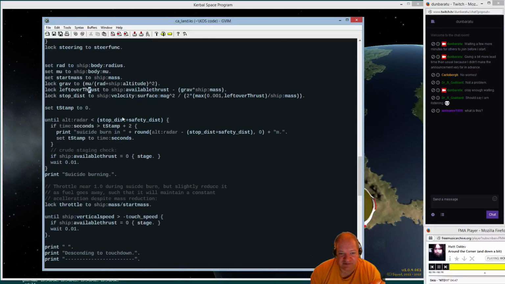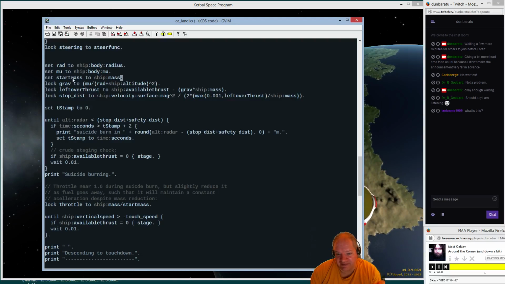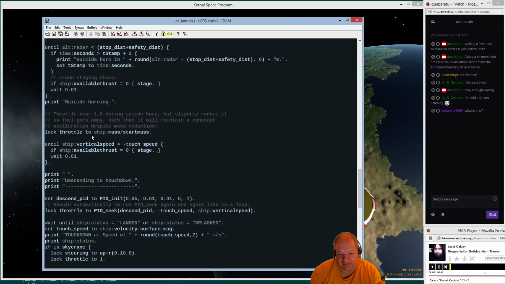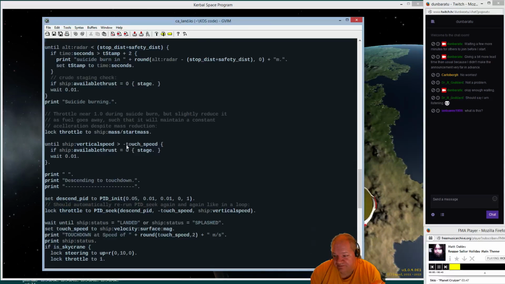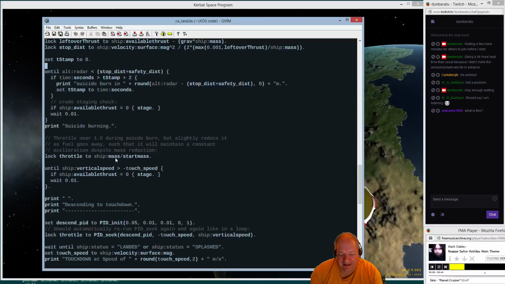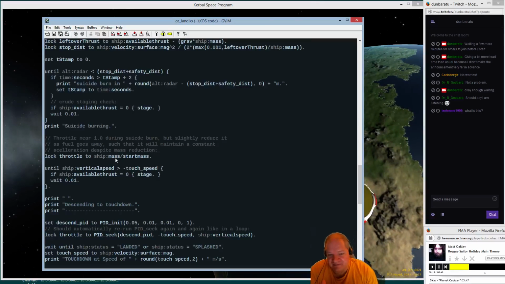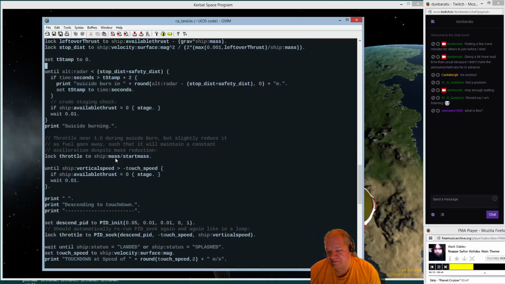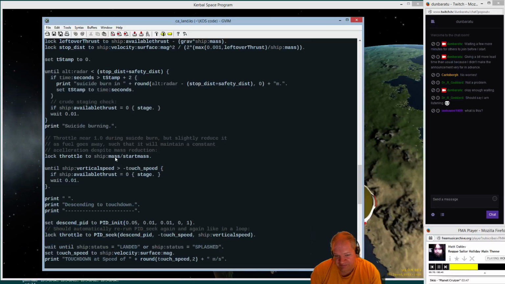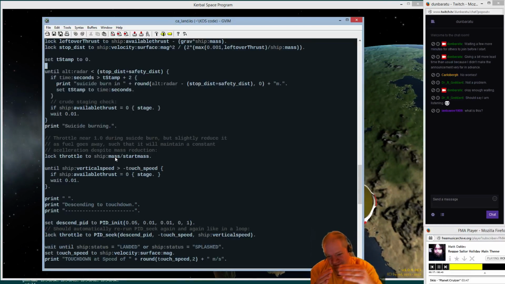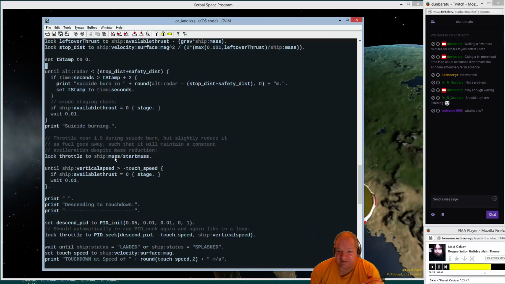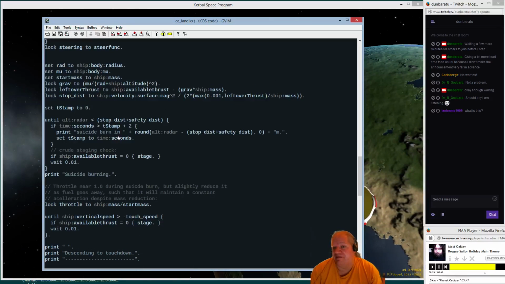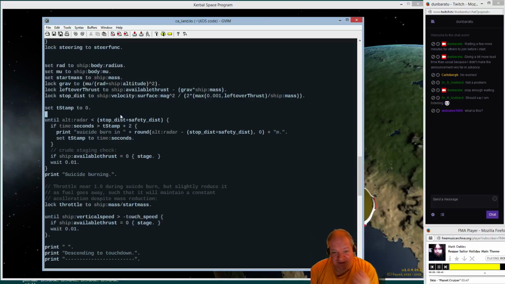Start mass was set up here. So whatever the mass of the ship was before I began the suicide burn, I set the throttle to a fraction of the current mass over that. So the effect is that if the mass stayed the same, the throttle would stay at 1 the whole time. But as the mass slightly drops, the throttle slightly drops to match, so that it always stays in a constant acceleration, which is what the suicide burn was calculated for.